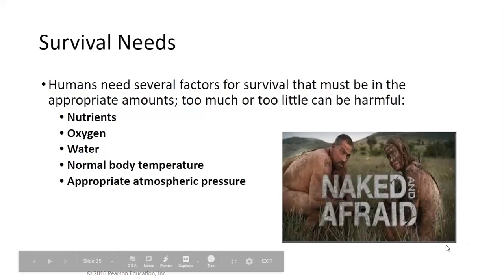It has a lot to do with maintaining not too hot, not too cold, for your proteins and your enzymes to work properly. And the same thing with atmospheric pressure, especially with breathing. You don't really think about it, but when you breathe in and breathe out, that deals with pressure going from high to low, and it also deals with your lungs expanding, which changes the volume.